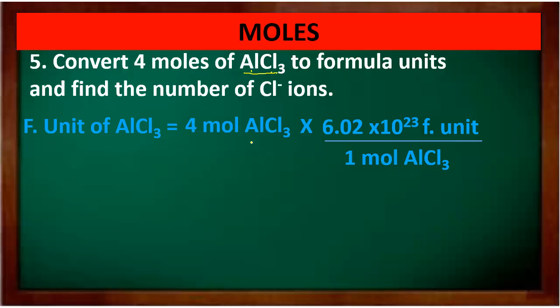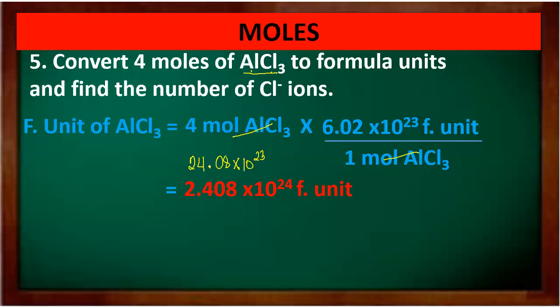So, just have to cancel it out. Cancel this. Ang maiiwan na lang unit ay formula unit. So, if we're going to multiply that, that will give us actually 2.408 times 10 to the power of 24. So, still the same. Actually, kung na-multiply natin yung 4 times 6.02, it is actually 24.08 times 10 to the power of 23.